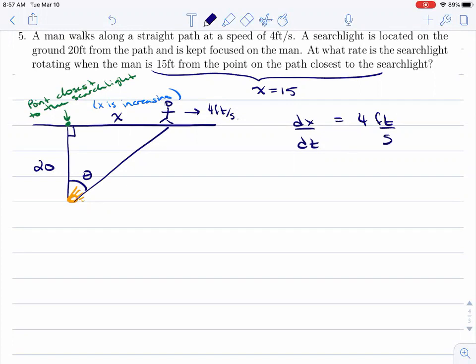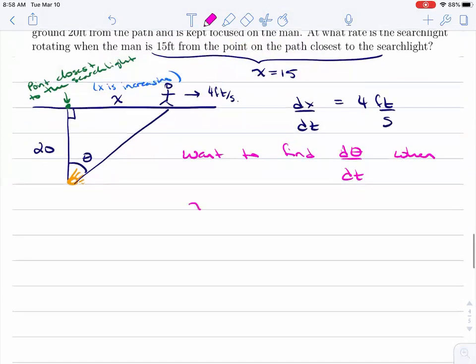And so I want to be able to plug in dx/dt later on. That's why I'm going to keep x as a variable, even though I'll be able to substitute x equals 15 in later. And so we want to find the rate that it's rotating. So d theta/dt when x is 15.